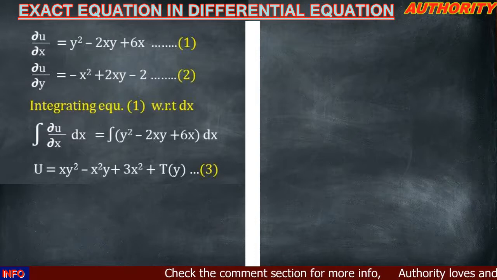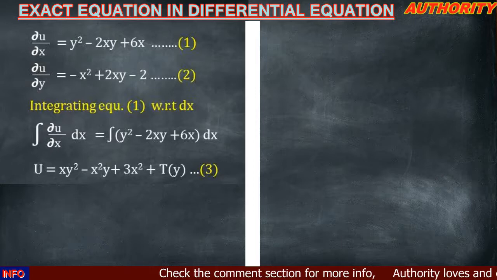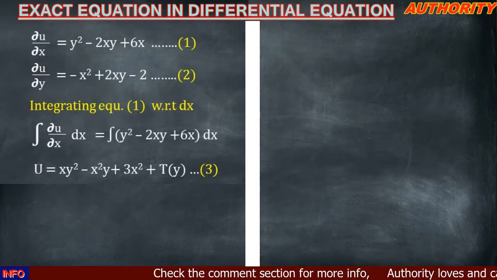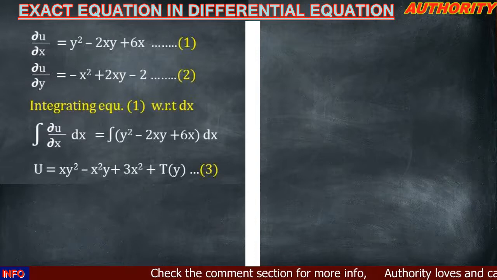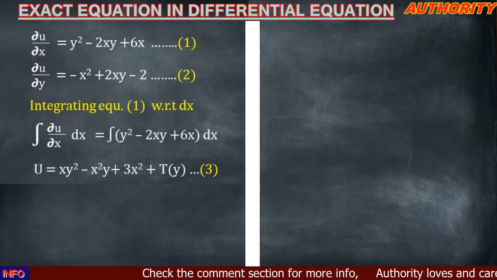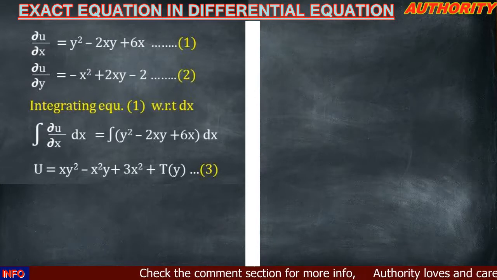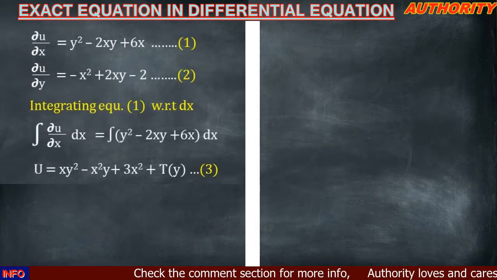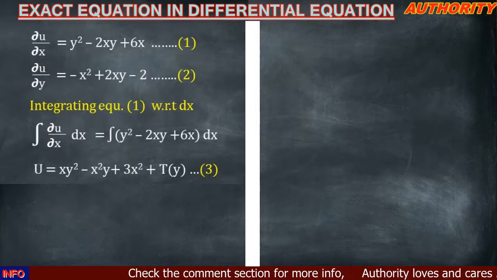And when we integrate the right hand side with respect to x, it's going to give us xy squared minus x squared y plus 3x squared plus, we're supposed to have c, but here we are not going to call it c. We're going to call it t of y. Now let's call this equation 3.